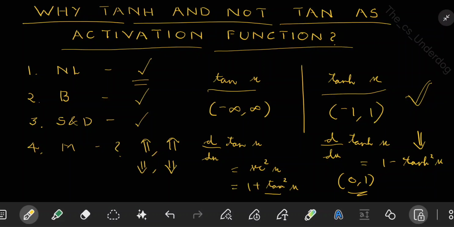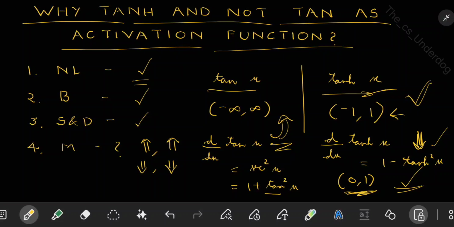Because the tanh value is always between minus 1 and 1, so this 1 minus tanh square x value is always between 0 and 1. That means gradients are stable here, but gradients are exploding in the tan x case. In tanh x, gradients are stable, so it is better for an activation function.